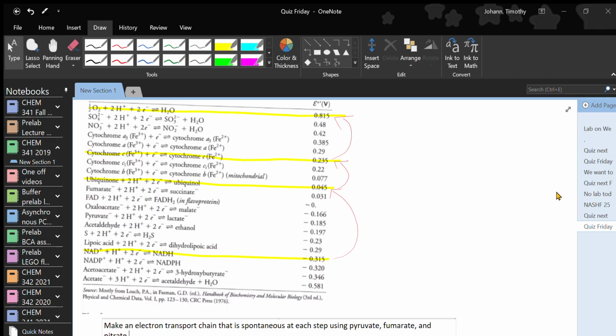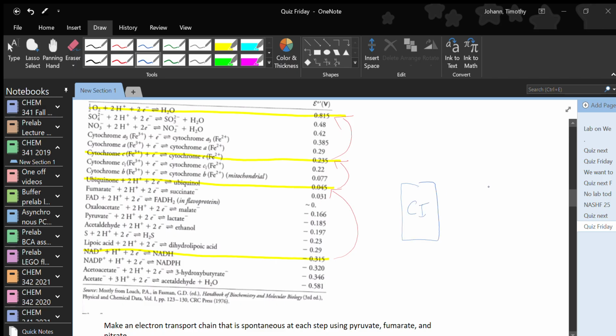Okay, so here's how I would do it. I've got complex 1, I've got complex 5. All right, and so I come in with lactate, right? Lactate is the reduced form of pyruvate. So I take lactate, I bring it in, I get pyruvate.